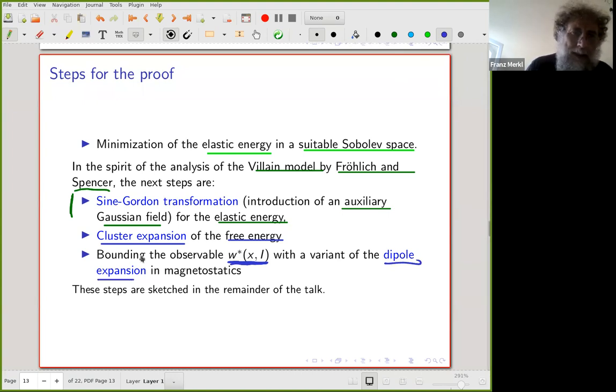So somehow the elastic dislocations behave like dipoles in magnetostatics. At least mathematically, it's very similar. And I would like to at least sketch these steps, or some main parts of these steps, in the remainder of the talk.